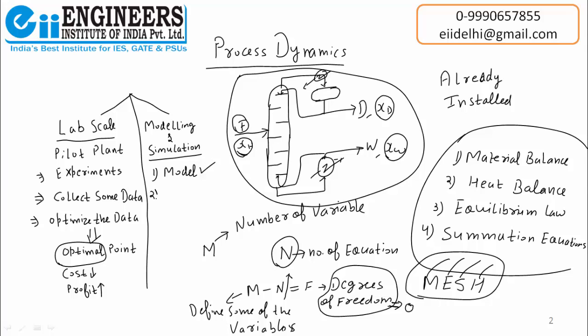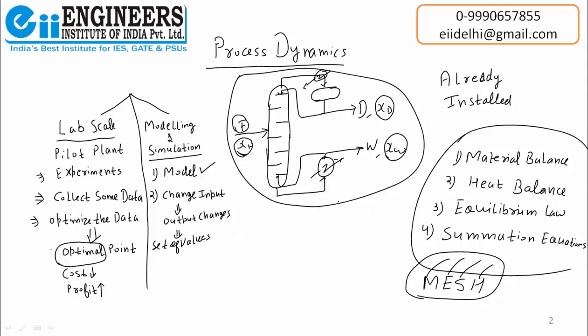And when we have a model, we change the input, and as we change the input, the output changes. So we get a set of values, and this set of values is then optimized to get the optimal point.